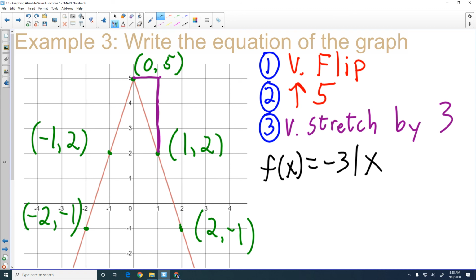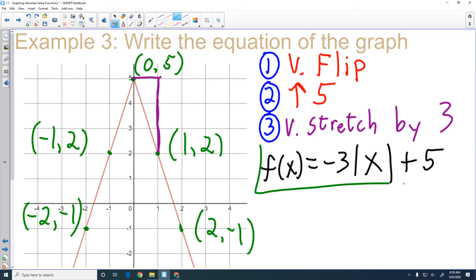But because this was a vertical shift, that's in the y direction. So I don't want it stuck together with the x. I want it separate from that x. So I'm going to close off the absolute value, because it's not moving in the x direction. It's moving in the y direction. And it just went up 5 units. So I'm just going to write plus 5. Because that's that vertical shift. I don't need to change the sign. It's a plus because it's up 5.